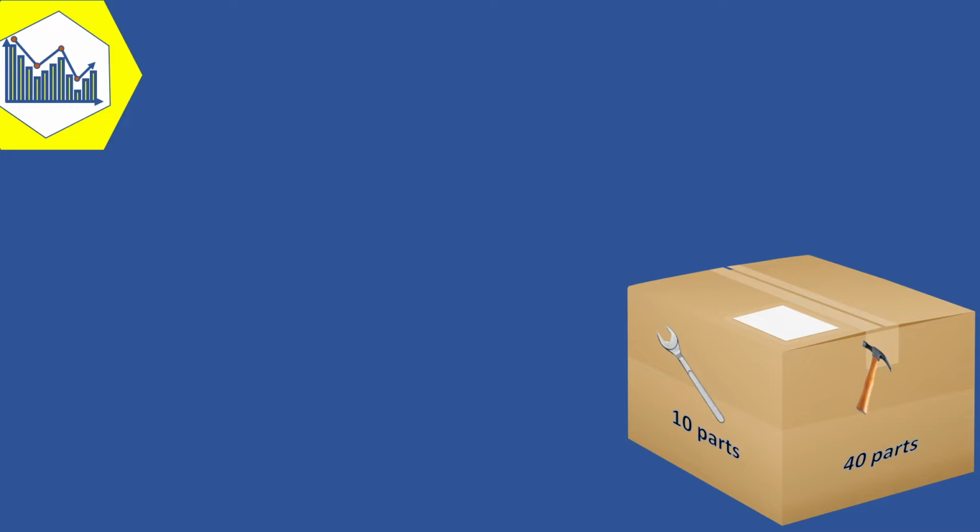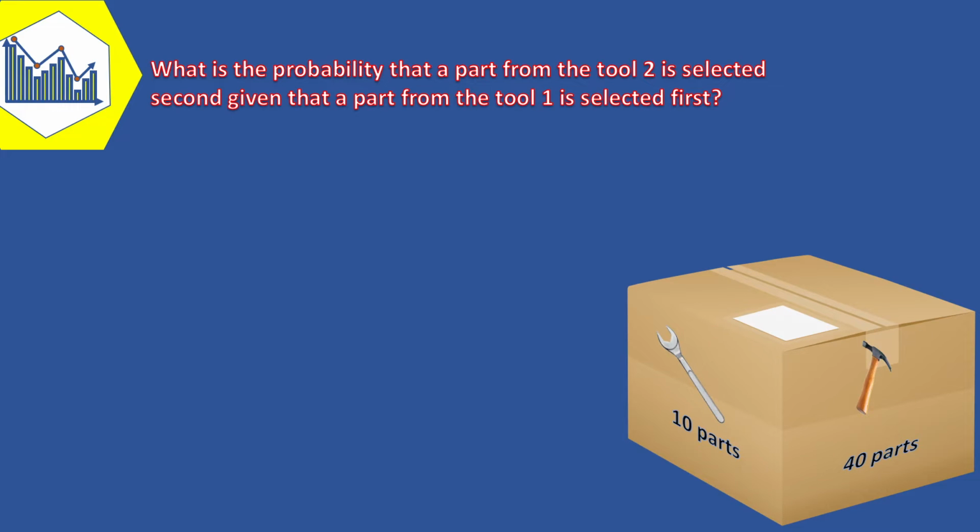If 2 parts are selected randomly without replacement, we are interested in the conditional probability that a part from tool number 2 is selected second, given that a part from tool number 1 is selected first. Although the answer can be determined from the counts of outcomes, this type of question can be answered more easily with the following result, which is called random samples.